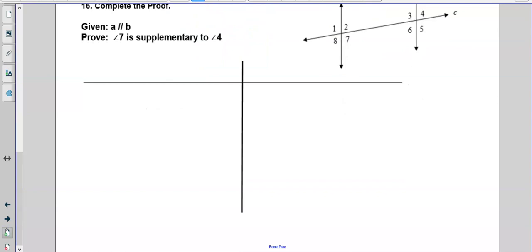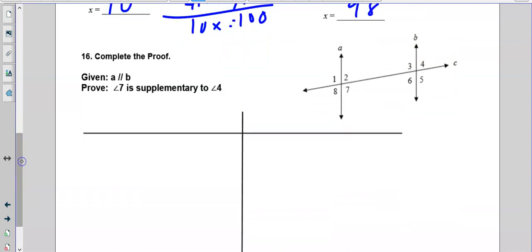All right, now we have a proof. Okay, we're trying to prove that line A and line B are parallel. We're hoping to mark these parallel like this. All right, we're going to use our knowledge of those special angle relationships to prove it.